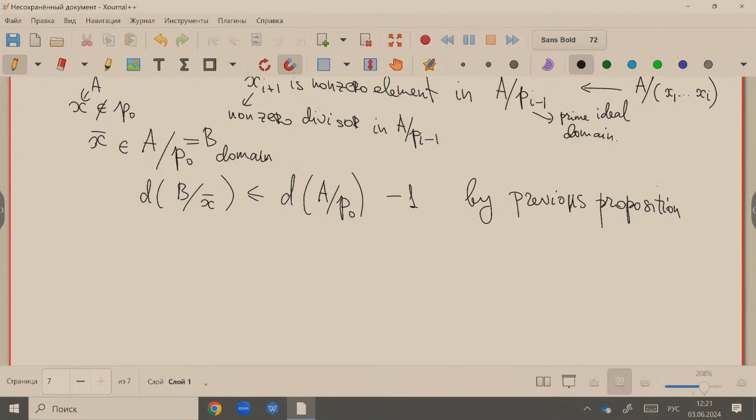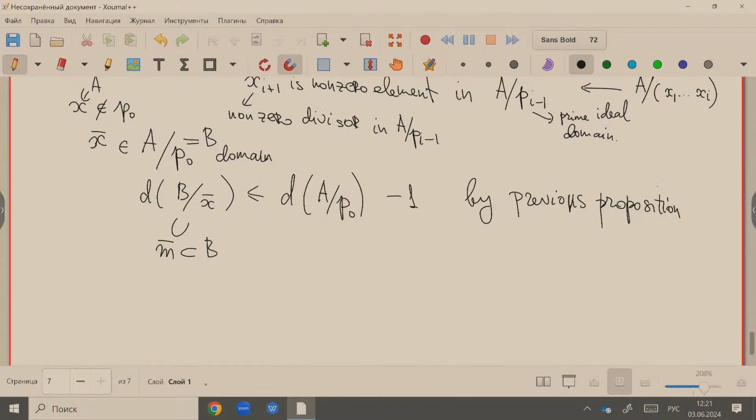But you see, here m overline in B is the only maximal ideal.